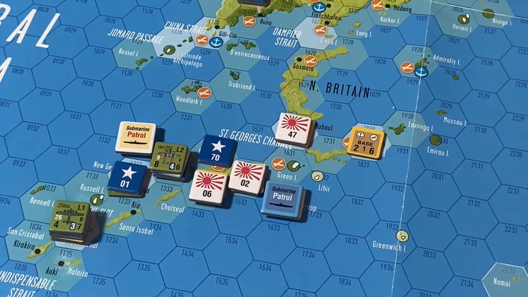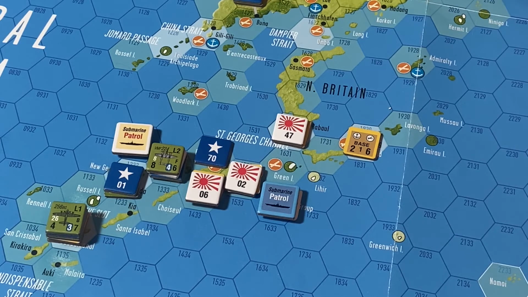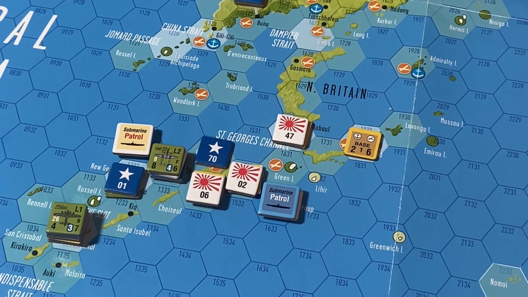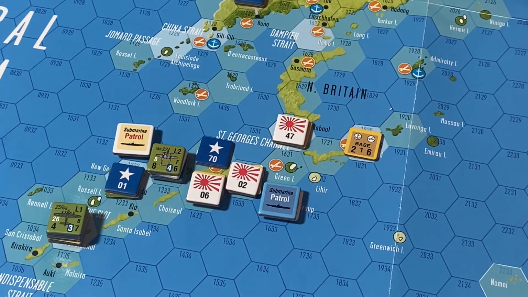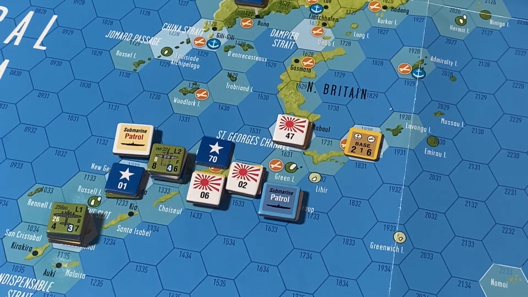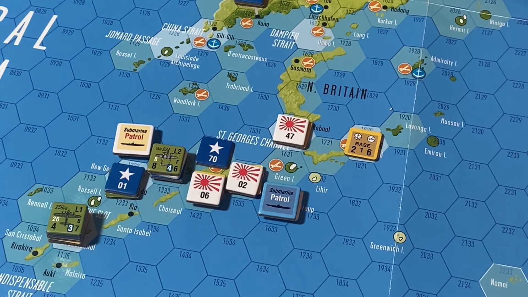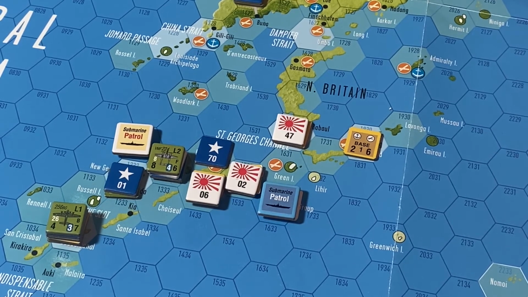Each of the sides passed on doing an operation in the second part of September, and they put into force the future pools for October. So in October, the Allied are actually going to have, I think, let's see, 70 or 65 actually total points to spend, and the Japanese are going to have like 14.